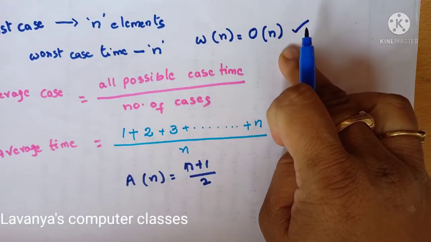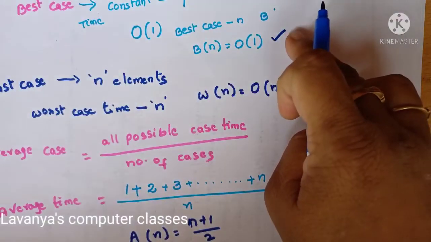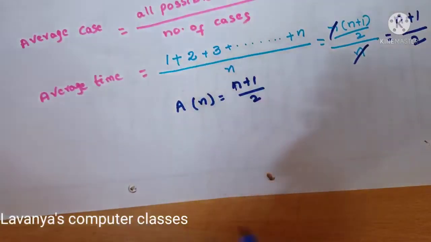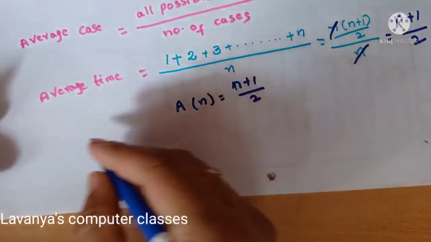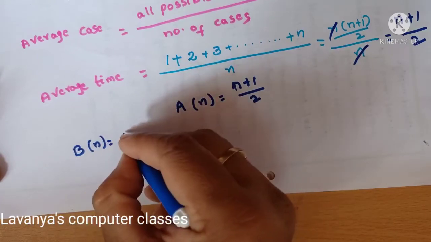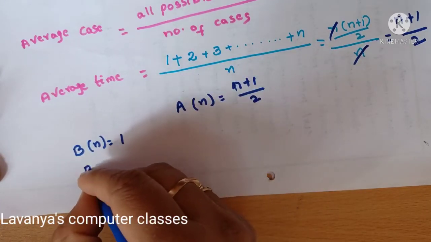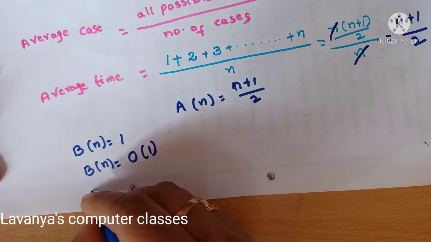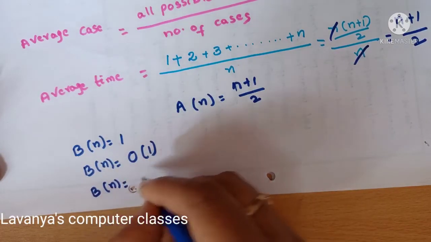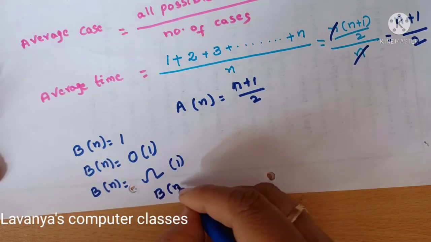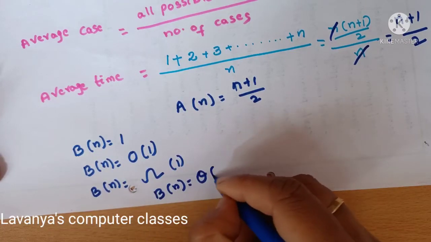The worst case is big O of n and the best case is big O of 1. Now, how do we write asymptotic notations? For the best case we can write constant time, so B of n equal to big O of 1. Similarly we can write omega of 1, or theta of 1 also.